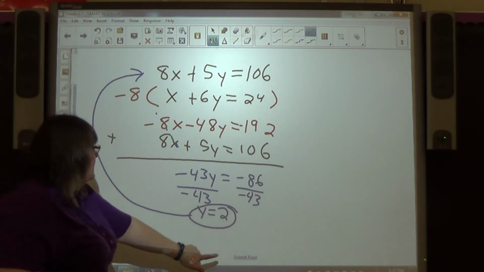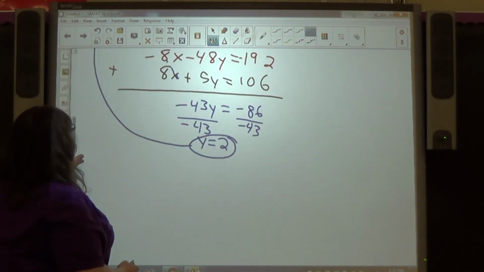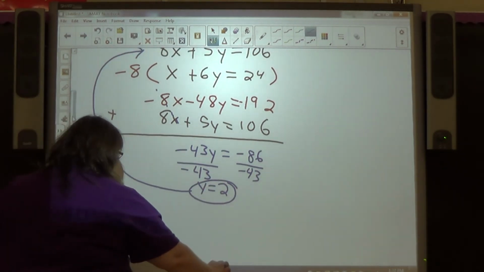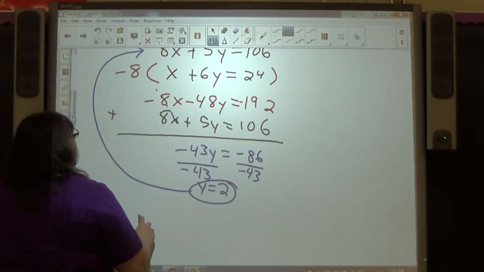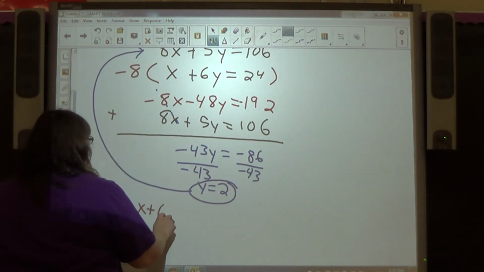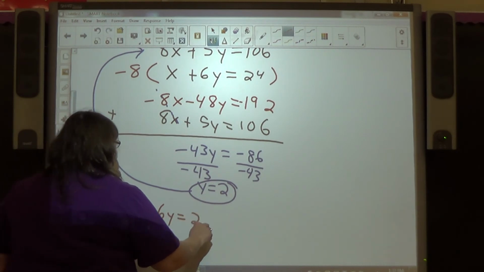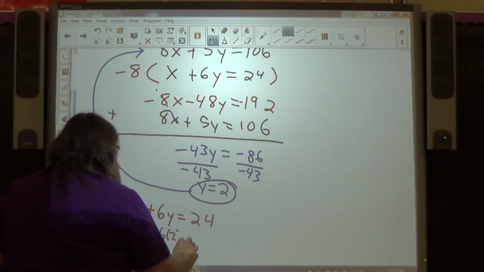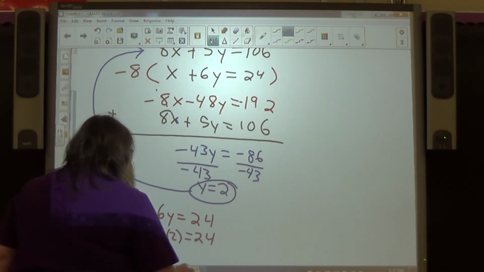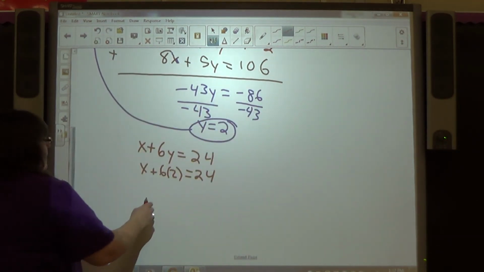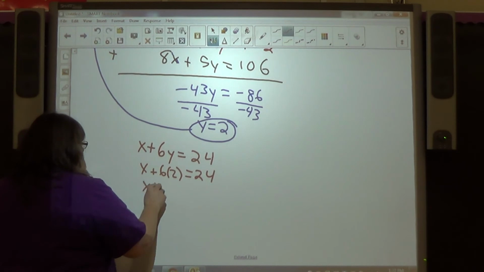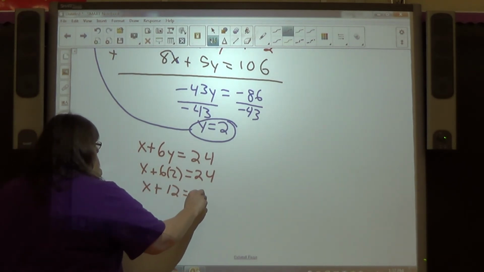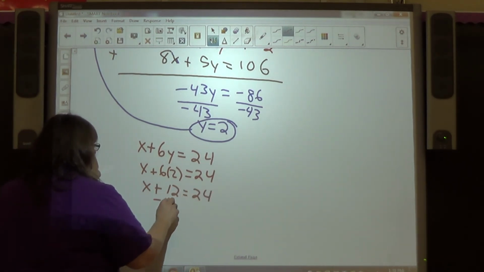I'm going to use the second equation. So I want to use x plus 6y equals 24. Go x plus 6 times 2 equals 24. Okay? So x plus 12 equals 24. Subtract my 12.